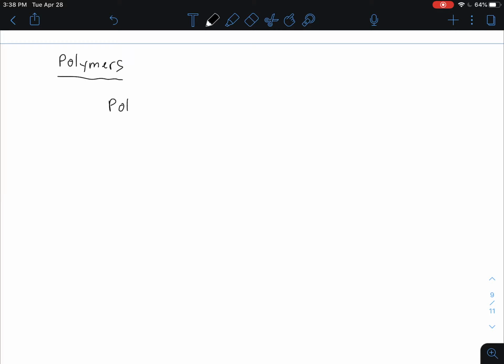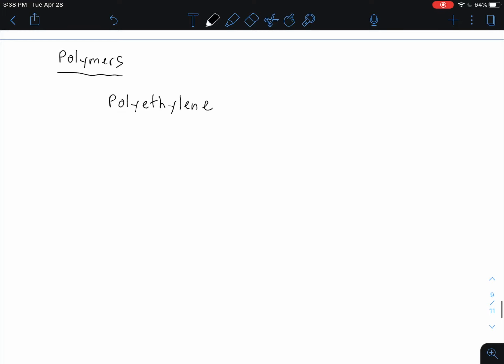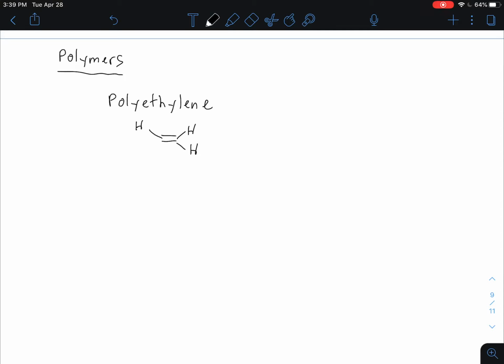So we can think about things like polyethylene. And polyethylene, basically what you're doing is taking ethene and doing what we call a polymerization reaction in order to attach a series of ethenes together.